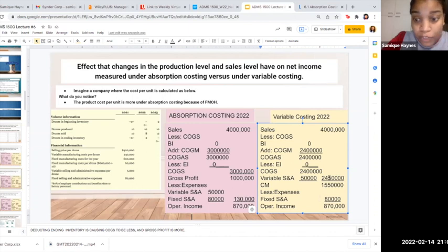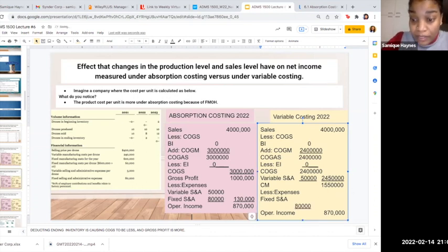Fixed cost of goods manufactured. Okay, so you're saying that we need to add in our fixed cost of goods manufactured. Okay, all right. How much is that? $600,000.